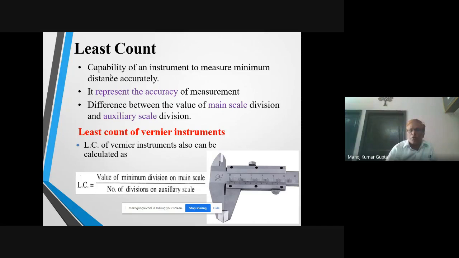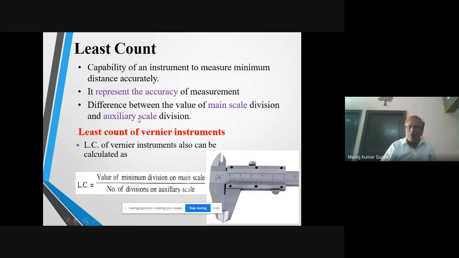Suppose we want to measure up to 0.01 or 0.02, then this is the least count, the minimum distance which we can measure accurately with the help of that instrument. Every instrument is having its own least count. It is varying from one instrument to the other instruments.